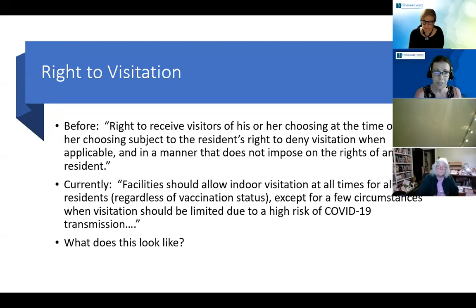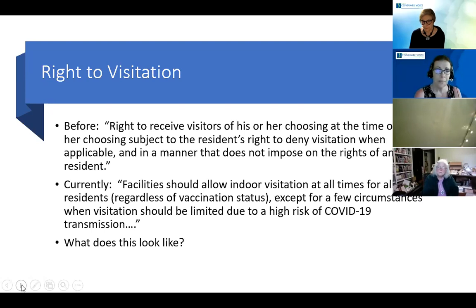And those exceptions, which you may be well acquainted with already, are if a resident is unvaccinated and the county positivity rate is over 10% and the vaccination rate in the facility is under 70%. It's if the resident has a confirmed case of COVID-19, if the resident is in quarantine, or if the facility is shut down because of an outbreak.